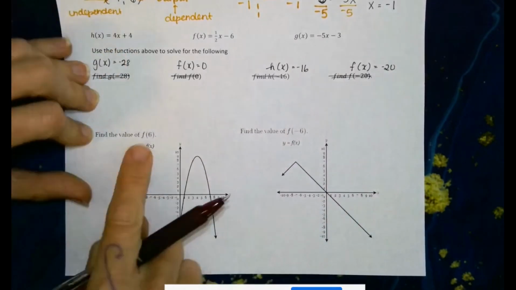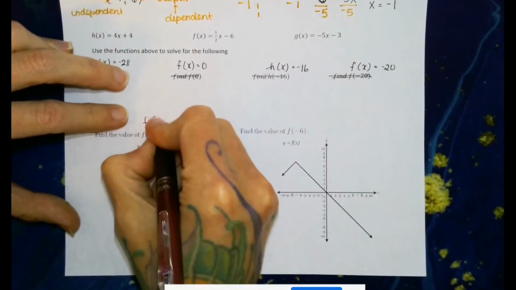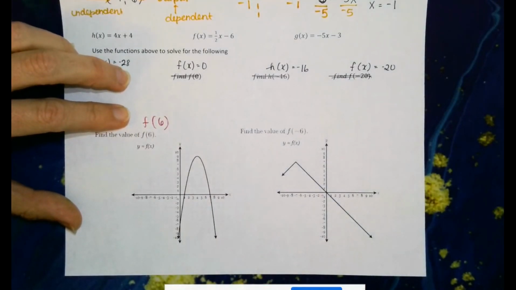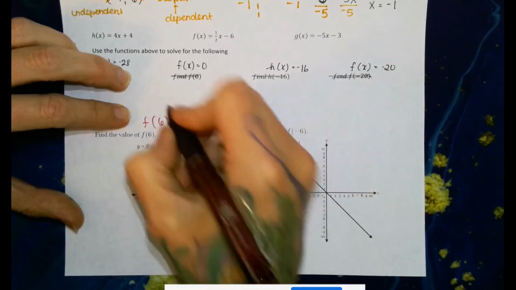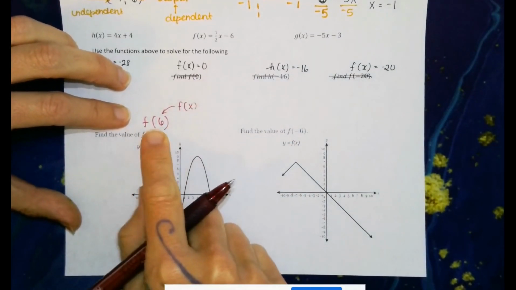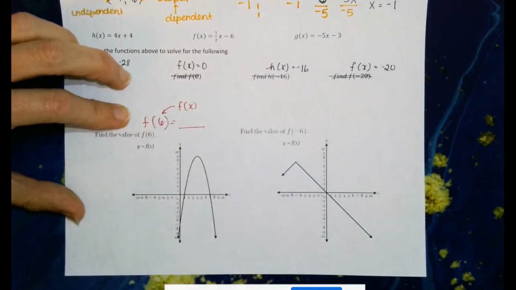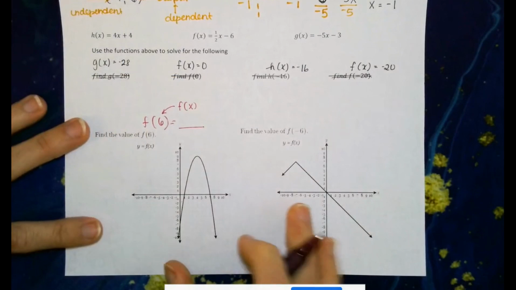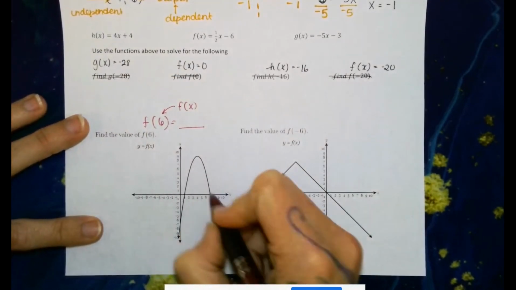All right, find the value of f of 6. Is that 6 the x value or the y value? Good. That is the x because we just substituted that x with a 6. And there's no equal to in a number, right? So we're going to go look where x is 6. And we want to go find our function.